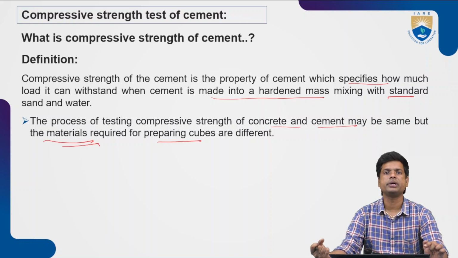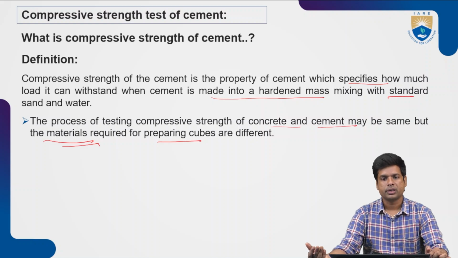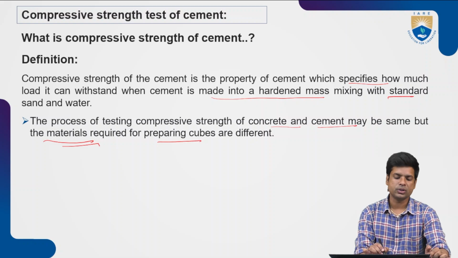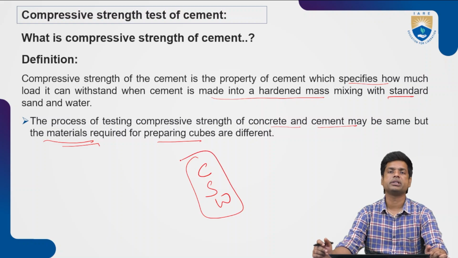In concrete, we use cement, fine aggregate, coarse aggregate, and water. In cement compressive strength testing, we use only cement, sand, and water to prepare the cube.